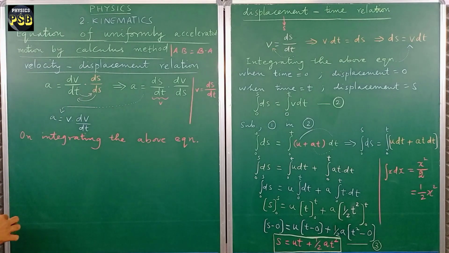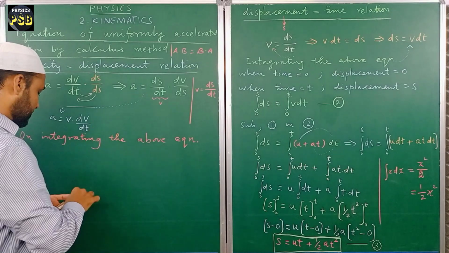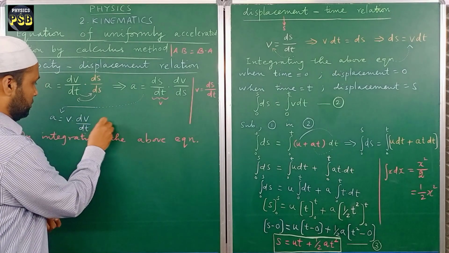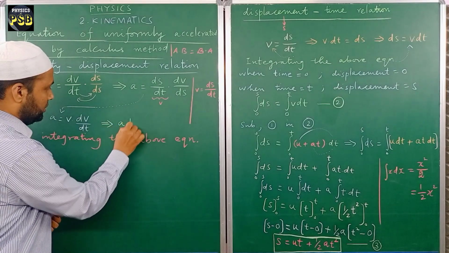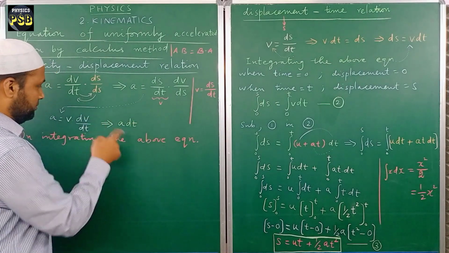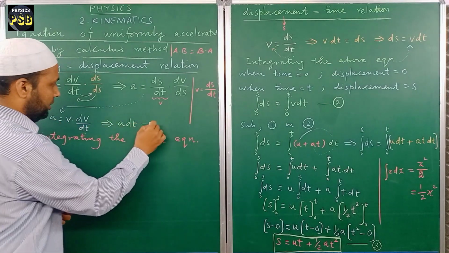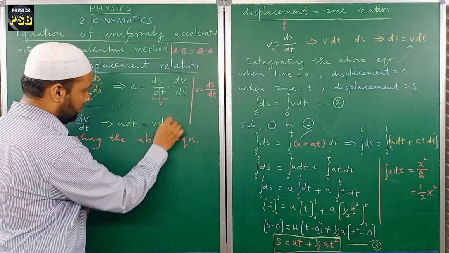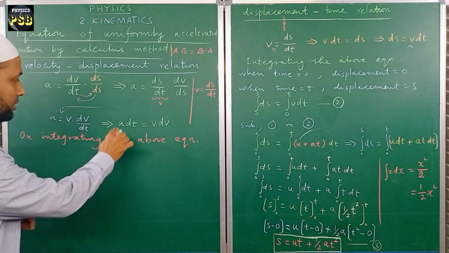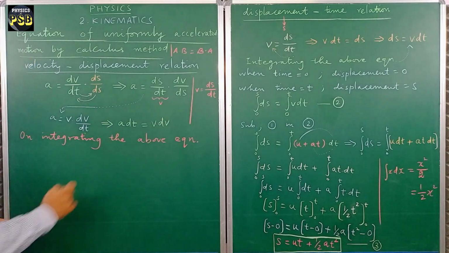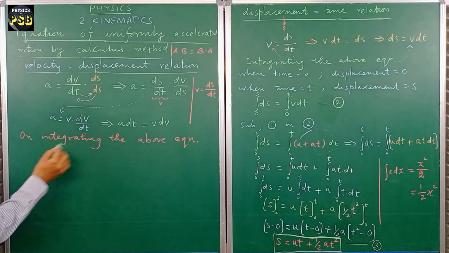Before integrating this, I make certain changes to this equation. The dt is taken that side. A dt, it will multiply on taking it to the other side, and what remains here is nothing but v dv. Now I will integrate this equation by following the same method that we did earlier.